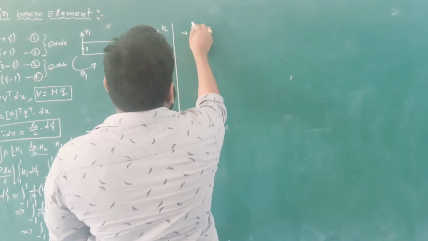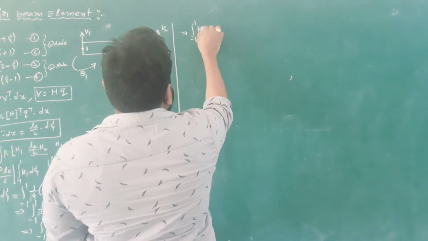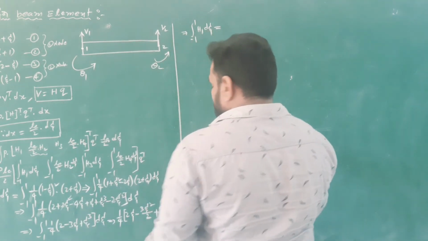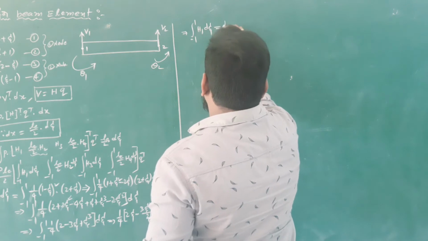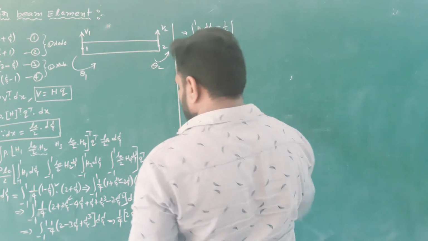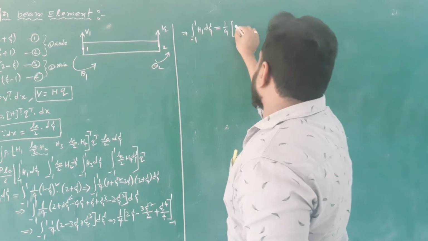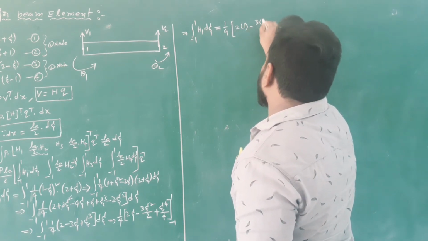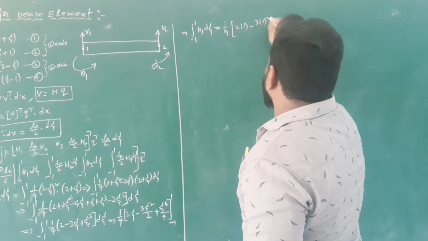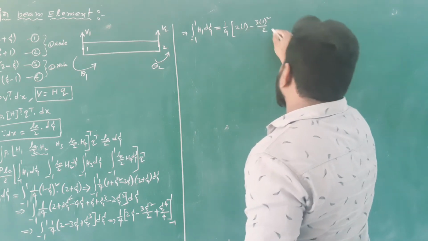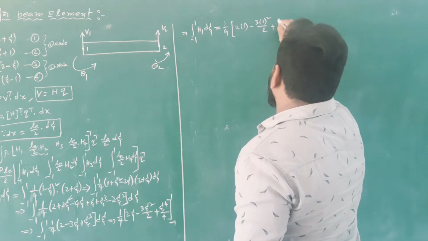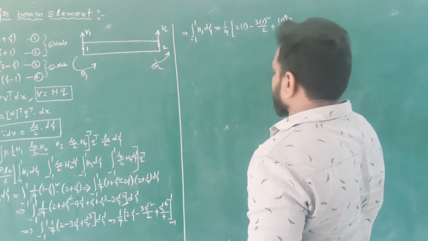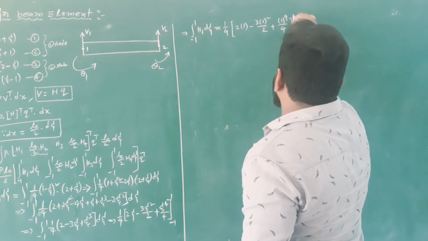Integral of minus 1 to 1 h1 dz is equal to 1 by 4 of, applying the upper limit, 2 into 1 minus 3 into 1 whole square by 2 plus 1 power 4 by 4, minus the lower limit.